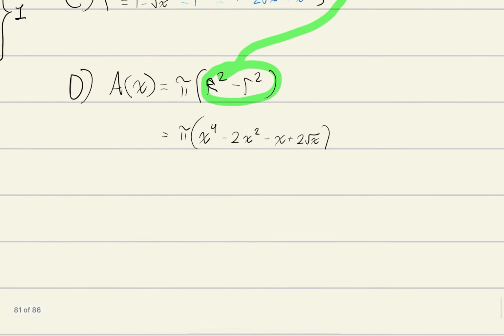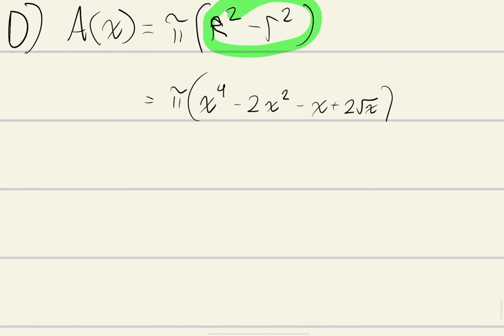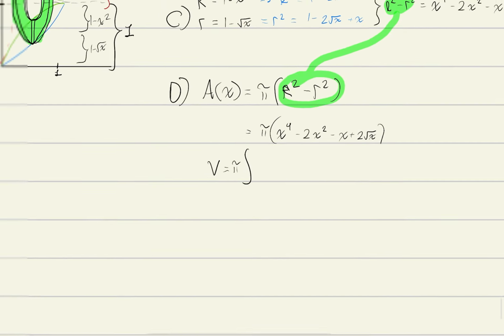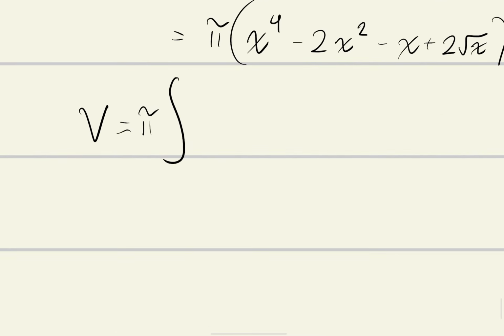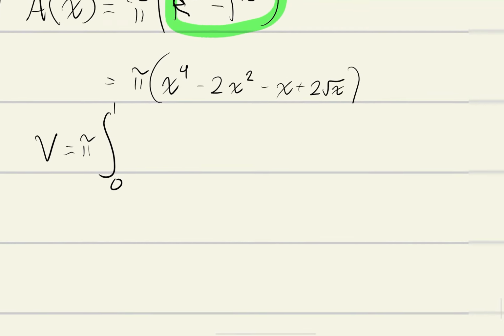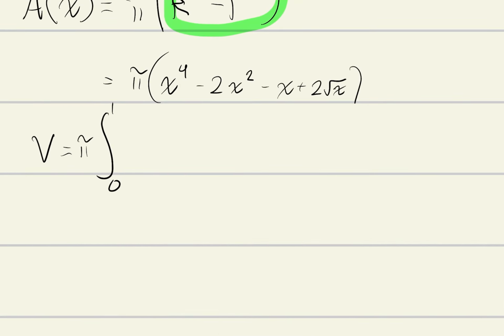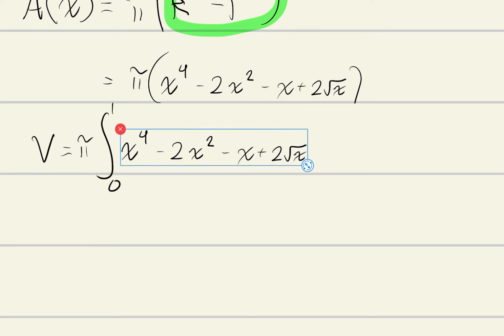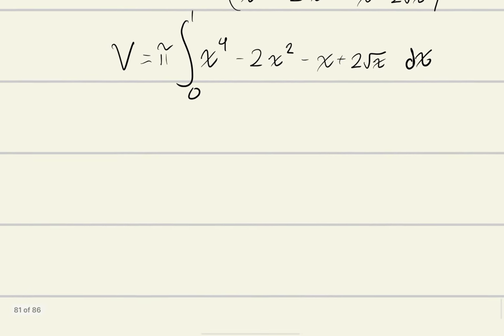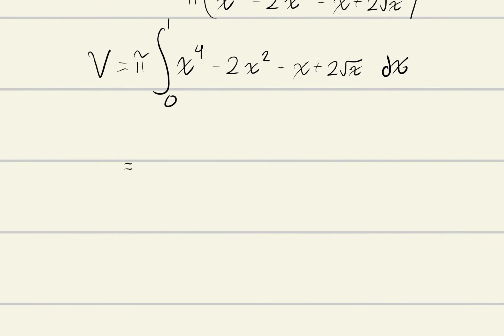Now to solve for the volume, all we have to do is write the volume is equal to, we'll pull out this coefficient from the integral, and this integral is from 0 to 1, like we found before, and then it'll just be these values with respect to x. And we'll go ahead and integrate.